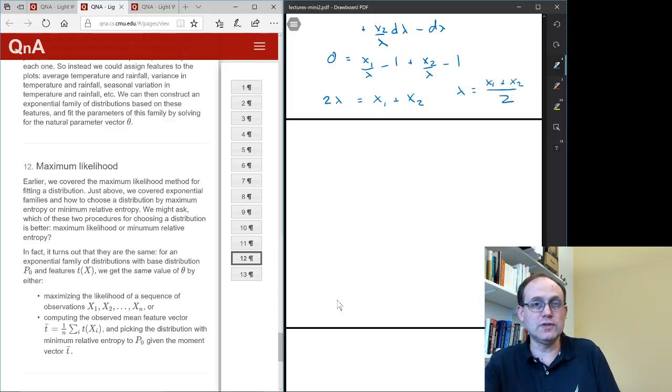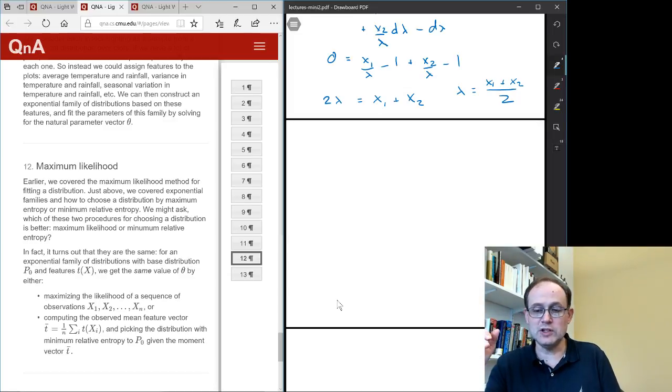So if you observe two samples from a Poisson distribution, x1 and x2, so x1 could be 3 and x2 could be 5, the maximum likelihood value for lambda, the parameter of the Poisson distribution, is just to set lambda equal to the mean of the two x's.